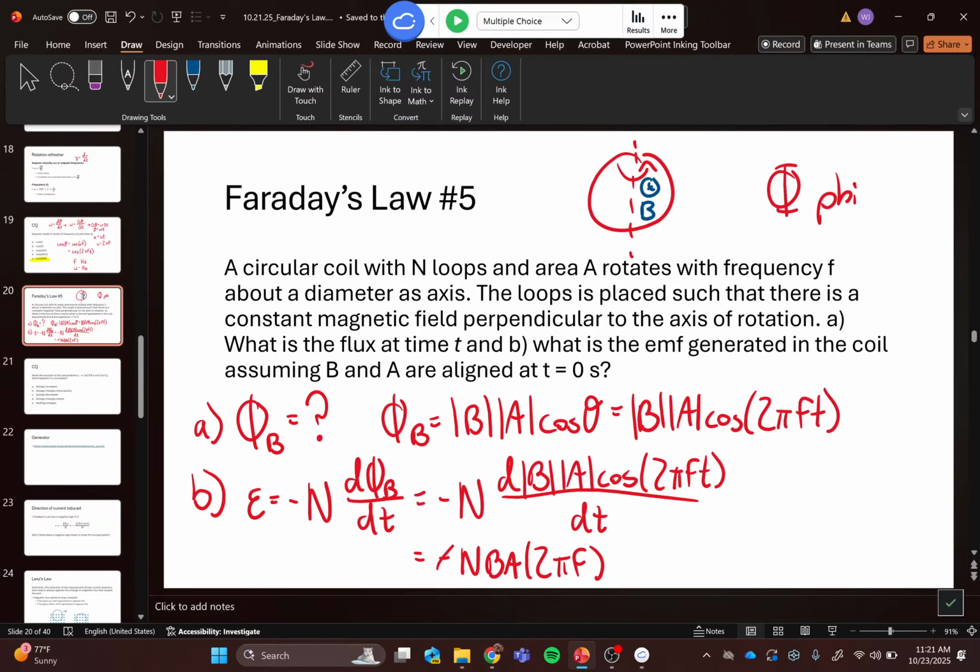I know it keeps getting put here. Give me 3 slides and we're going to see why it matters. And that's going to turn this into sine of 2 pi ft. This is the answer, but if I want to write this in terms of omega, it's going to be N times B times A times omega times sine of omega t. This is another way to write it. They're equivalent to each other.